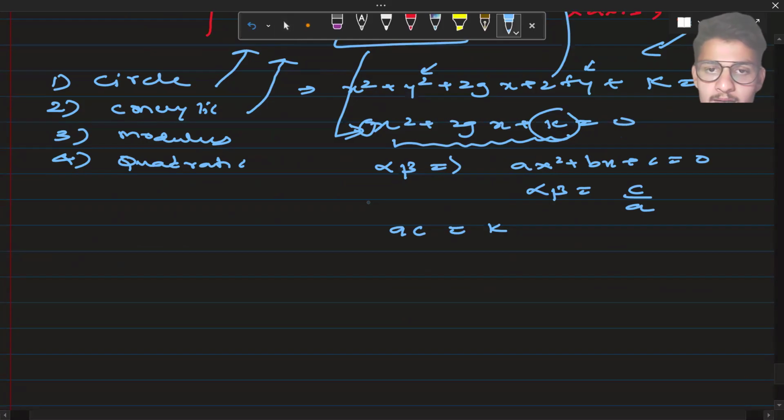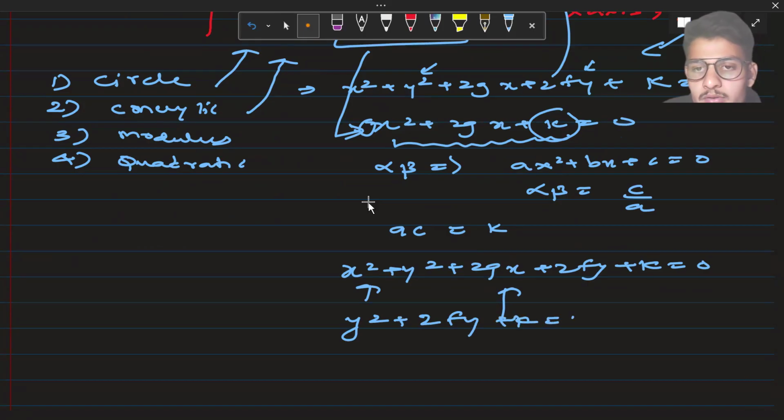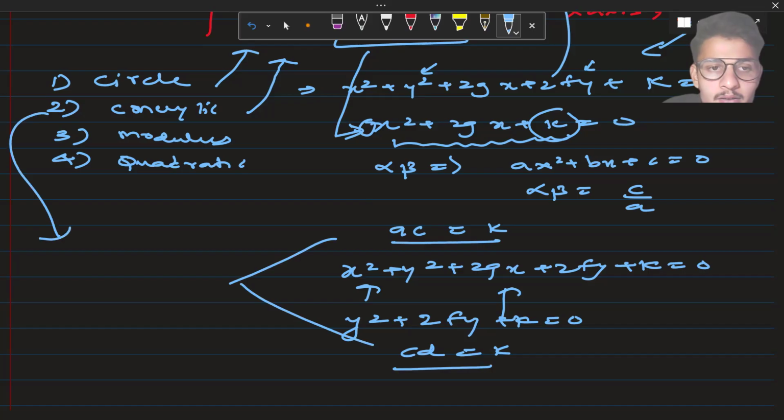In a similar manner, if you intersect x square plus y square plus 2gx plus 2fy plus k equal to 0 with the y-axis, these both terms will get reduced. So y square plus 2fy plus k equal to 0. In a similar manner, the product of b and d will become k. So these both are k. So from this concyclic equation, we have received that AC is equal to BD.